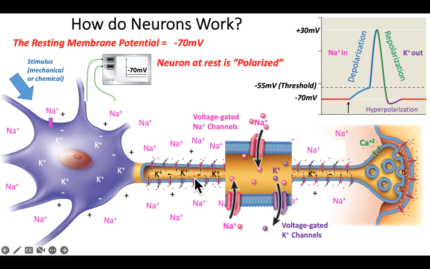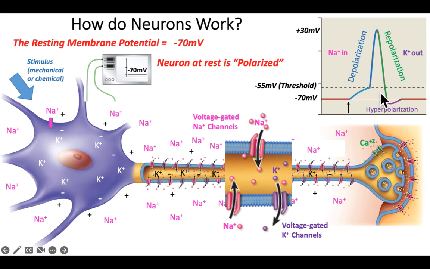So potassium is going to want to go out of the neuron. And that brings you back down to more negative. That process is called repolarization, and that happens behind the depolarization. So you kind of depolarize, and then behind it you repolarize.